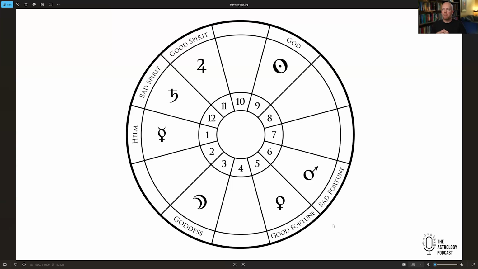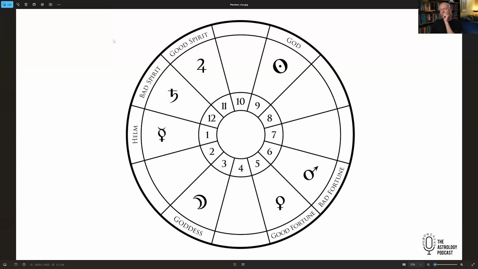And this scheme assigns Mercury to the first house, which was called the helm, the moon to the third house, which is known as the place of goddess, Venus to the fifth house, which is the place of good fortune, Mars to the sixth house, which is the place of bad fortune, and then the sun to the ninth house, which is called the place of God, Jupiter to the 11th house, which is called the place of good spirit, and finally Saturn to the 12th house, which is the place of bad spirit.